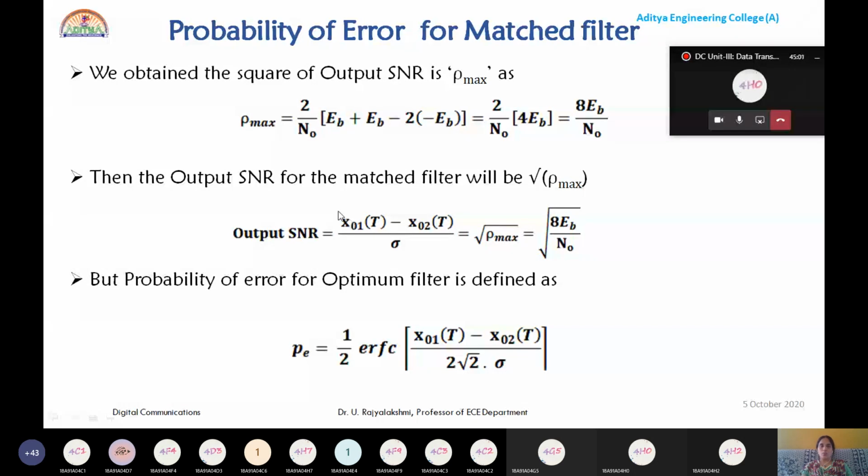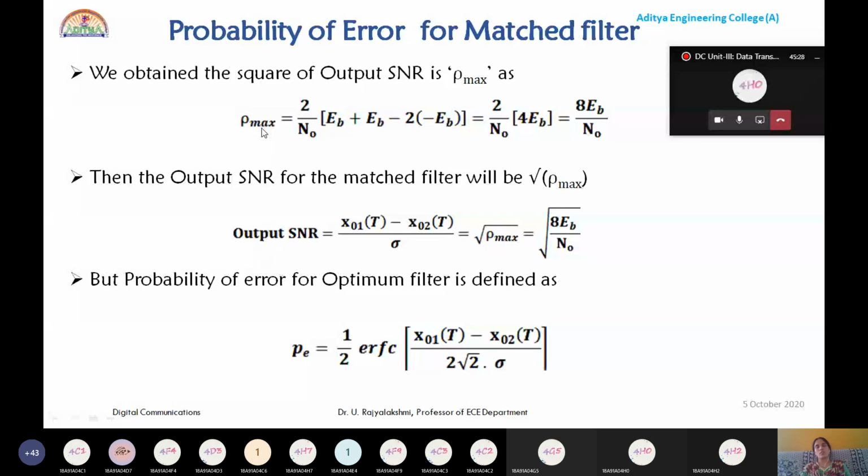Change in the output signal, that is x naught 1 of t minus x naught 2 of t, divided by change in the output noise component, that we assume sigma. So therefore you can obtain the output SNR by taking the root of square of output SNR, that is root rho max will be our output SNR. So rho max is the square of output SNR.